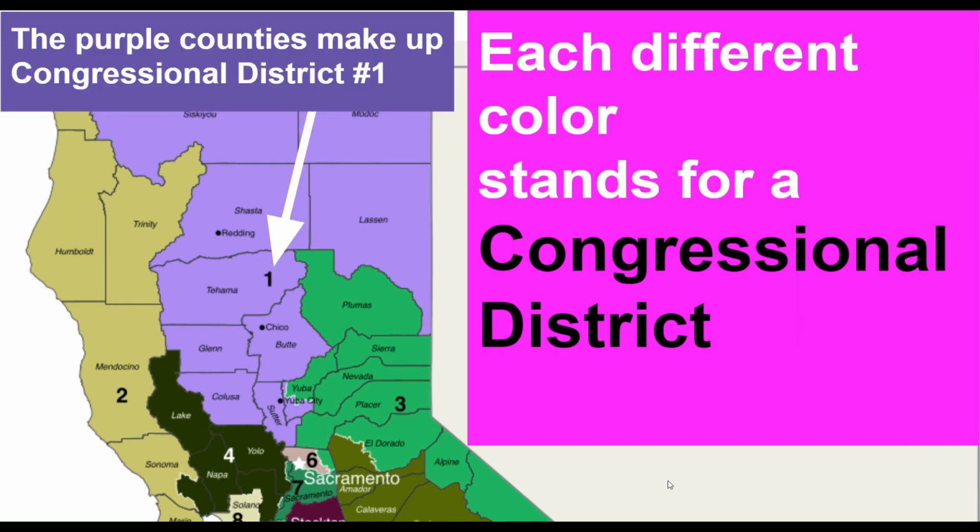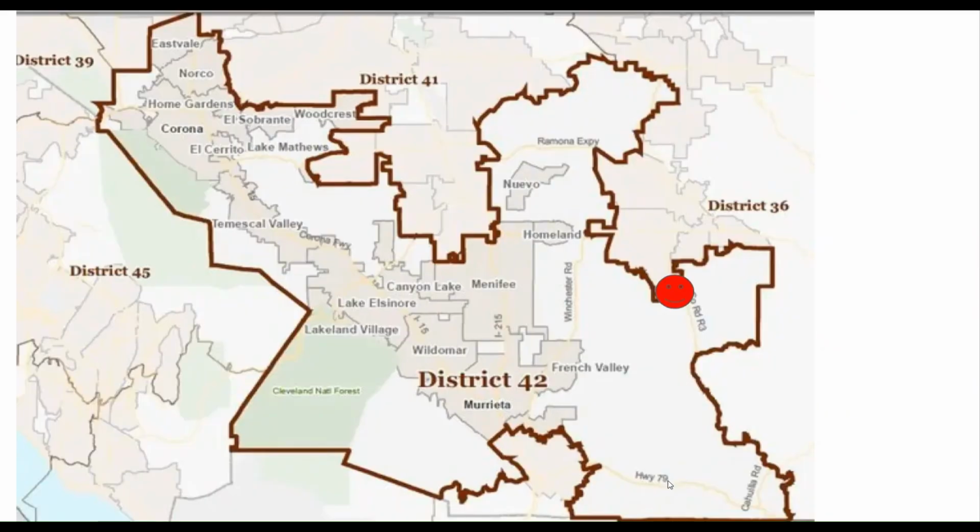Okay, so that purple color, it's like 1, 2, 3, 4, 5, 6, 7, 8 counties, but hardly anyone lives in those counties. So you add up all of them together, and that equals one congressional district, but a whole bunch of counties. Whereas LA County, it probably has 8 or 9 or 10 different congressional districts because all the people live so tightly packed.